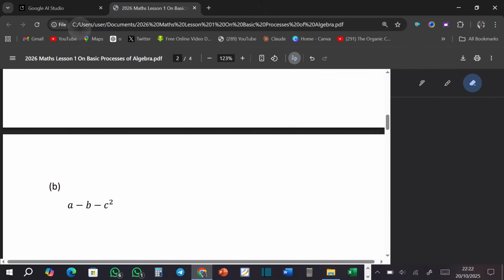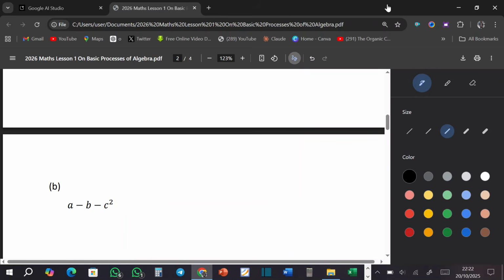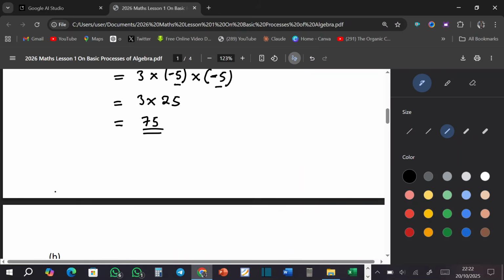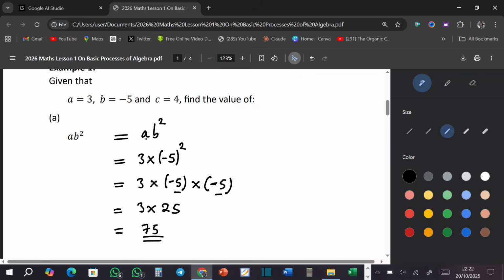Then we come to B. The same, we answer B. So we'll say, okay, we are told that this is a minus b minus c to power 2. Now if you check above here, we are told that a is 3, b is negative 5, then c is 4.